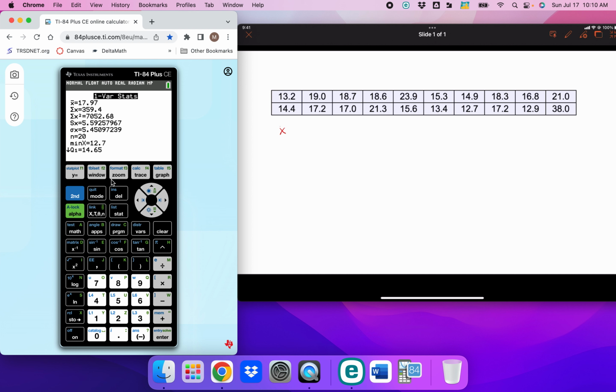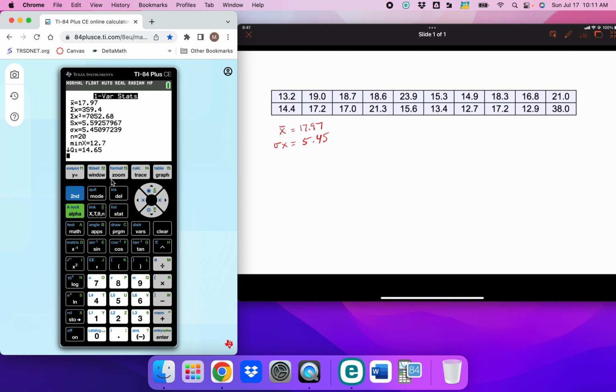My x bar is 17.97. I've decided that this is a population just because I'm just deciding it. So I'm going to use the population standard deviation, 5.45, mostly because I like the number better. So there's my standard deviation.